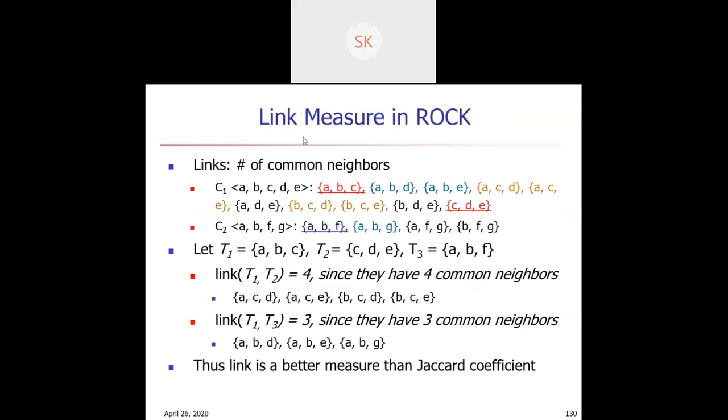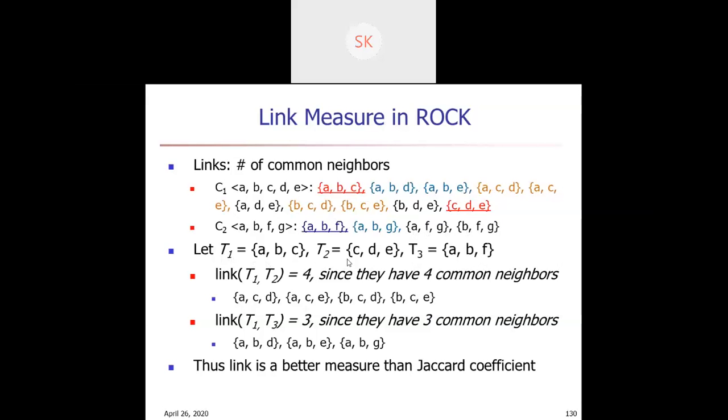Link measure in ROCK: the number of common neighbors. Link is equal to the number of common neighbors. So for C1 and C2, the transactions ABCDE, ABC, ABD, the colors reflect which are nearer neighbors, with a link between them. For C2, these two have a link.